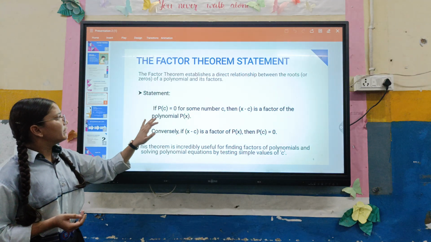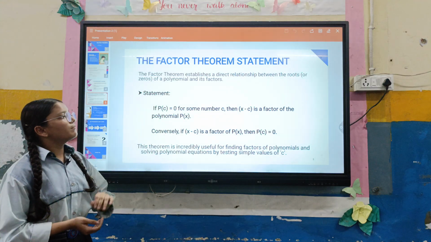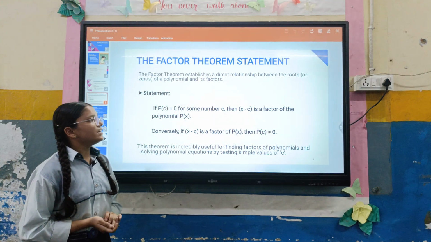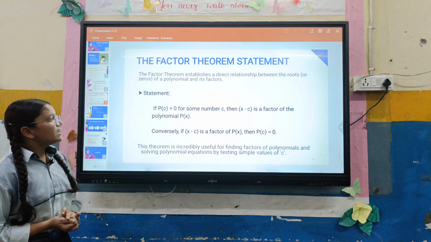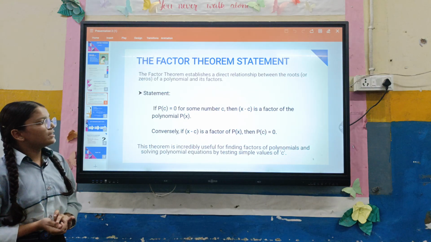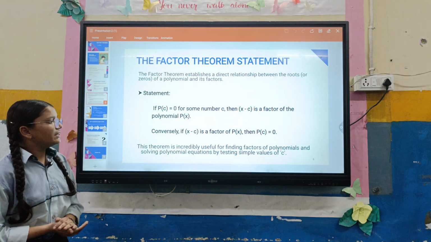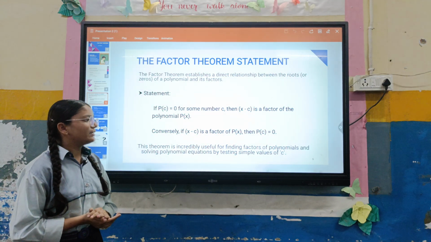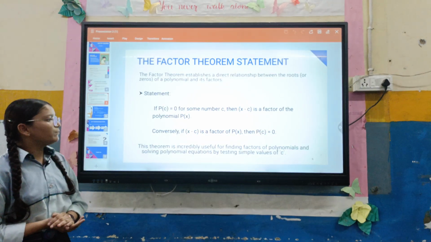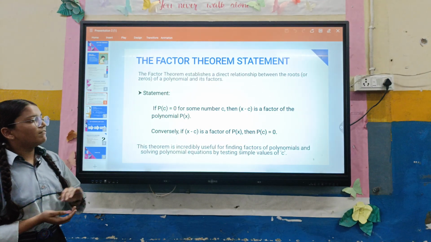Statement of the factor theorem: if p(c) equals 0 for some number c, then x minus c is a factor of polynomial p(x). Conversely, if x minus c is a factor of p(x), then p(c) equals 0. This theorem is incredibly useful for finding factors of polynomials and solving polynomial equations by testing simple values of c.